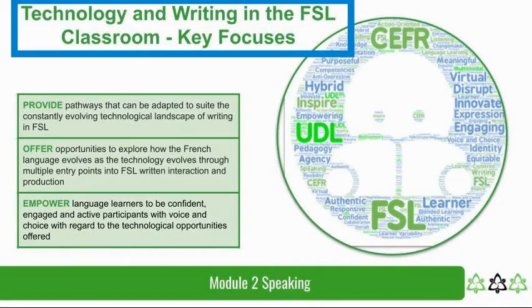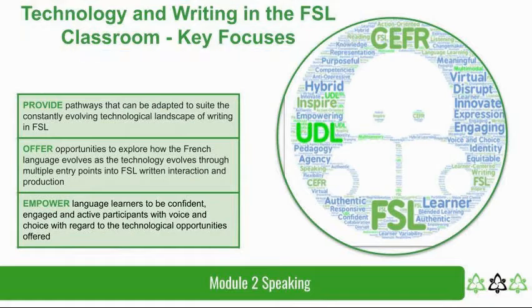When planning for success in FSL writing, educators may find themselves faced with an abundance of technological resources, no technological resources, or a mix of the two, often referred to as hybrid.